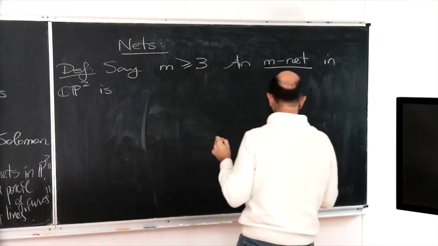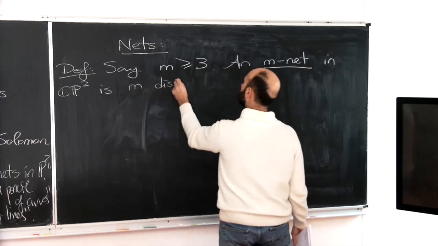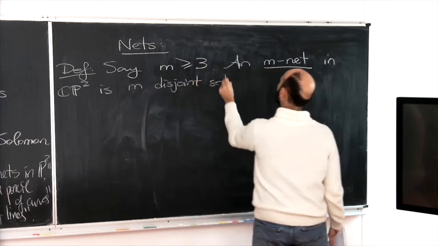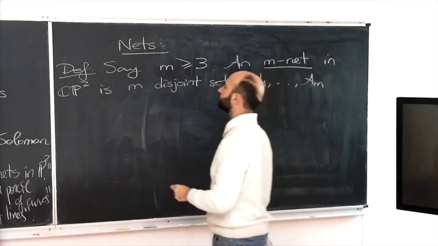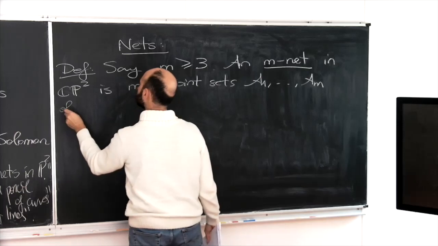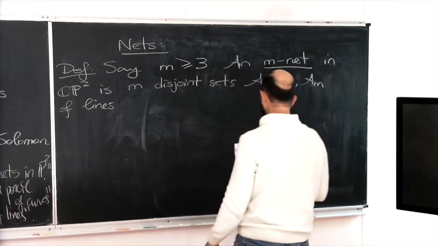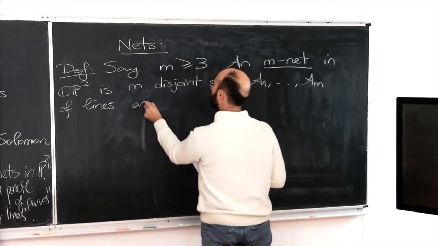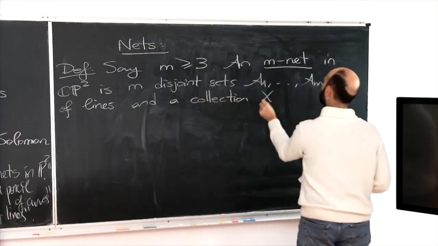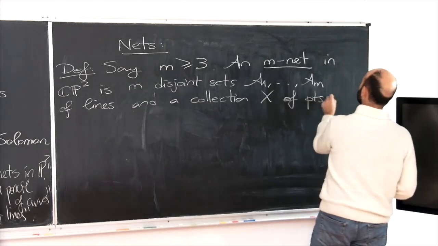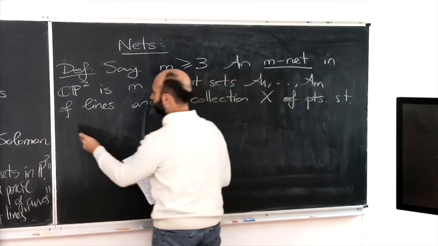is actually m disjoint sets, let's say A1 up to Am, of lines in CP2 and a collection X of points, such that the following two conditions are satisfied.